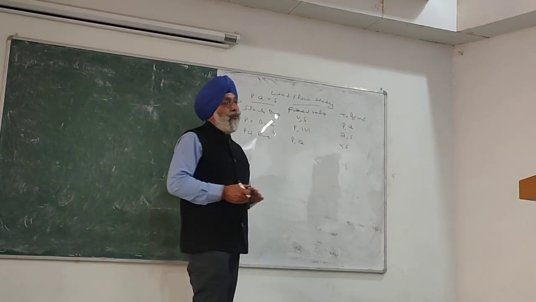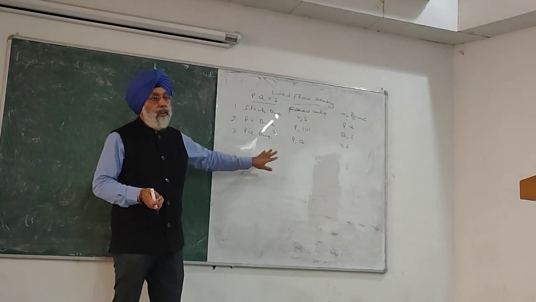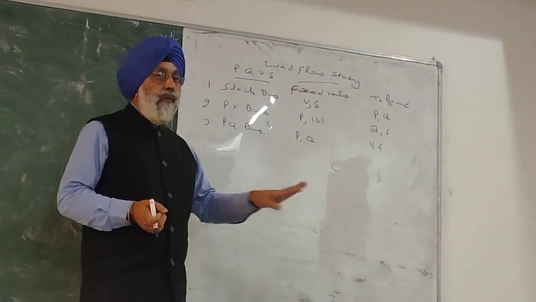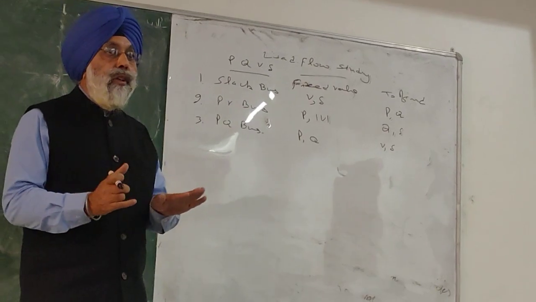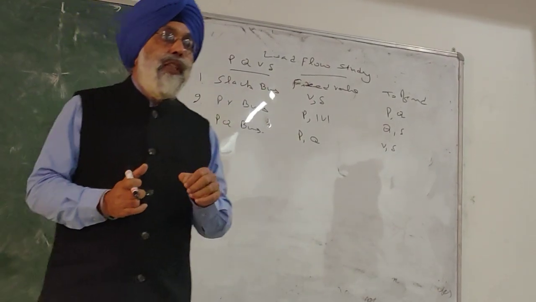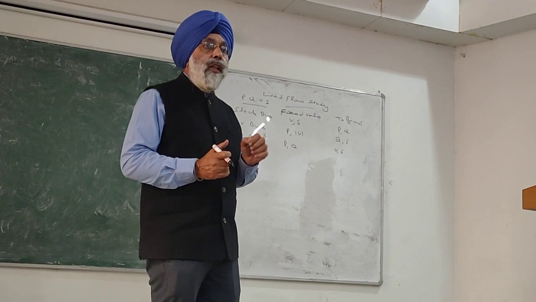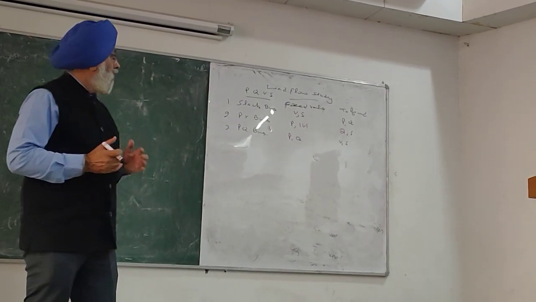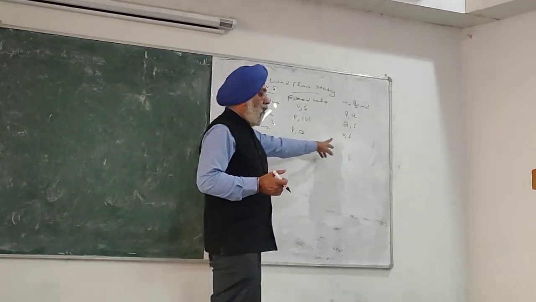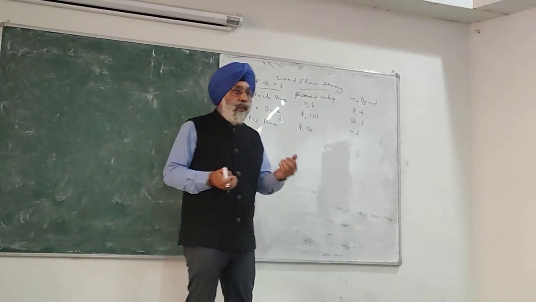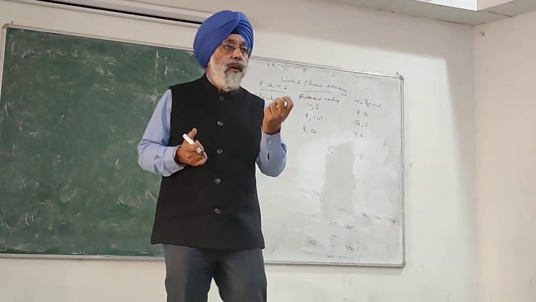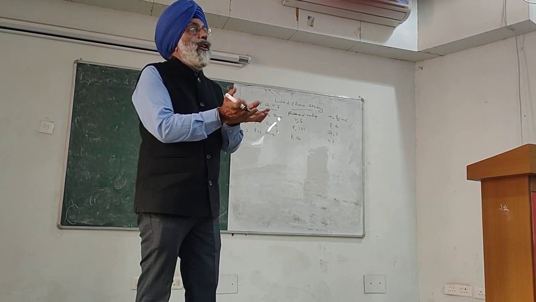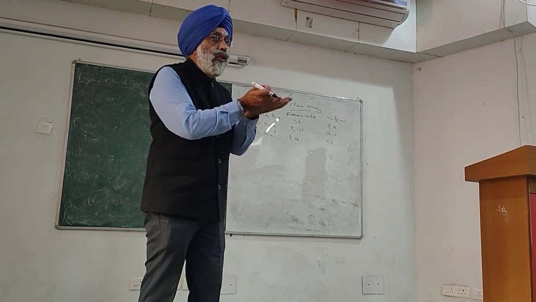The third type of bus is the PQ bus, which we control in such a way that P and Q remain always the same at that bus. Reactive power and active power injection at the bus remain fixed under all conditions. And under that condition, what will be the value of voltage and voltage angle? We find with the help of load flow strategy. Our load has a requirement of P and Q, means we are considering that we are connecting a fixed load.